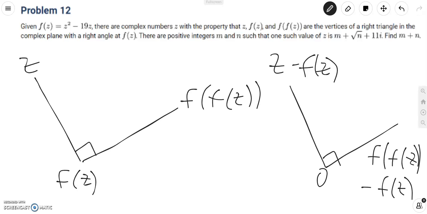If we rotate f(f(z)) − f(z) by 90 degrees to z − f(z), then one will be a scalar multiple of the other.